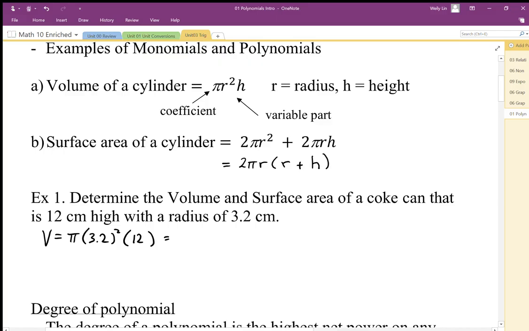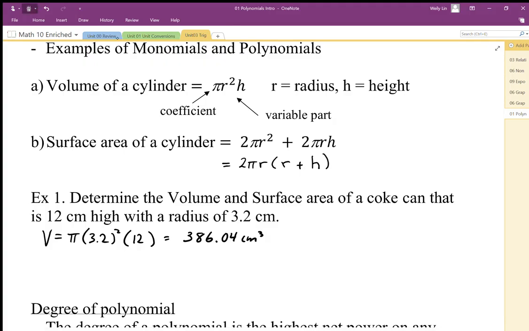And when we do that, we can just plug that into our calculator. So 3.2 squared times 12 times pi gives me a volume of 386.04 centimeters cubed. Okay, because I square the centimeters here to get area, I multiply by a centimeter of height. That's going to give me cubes.